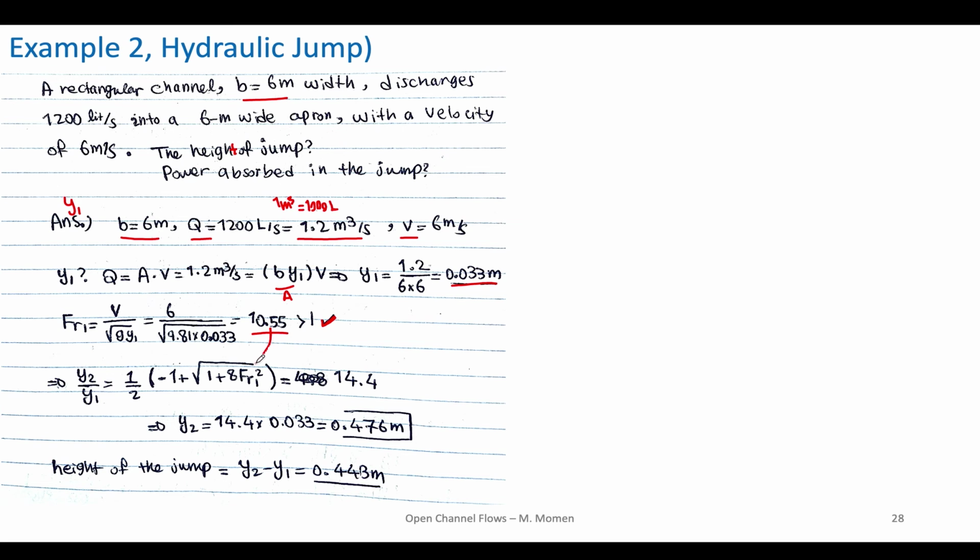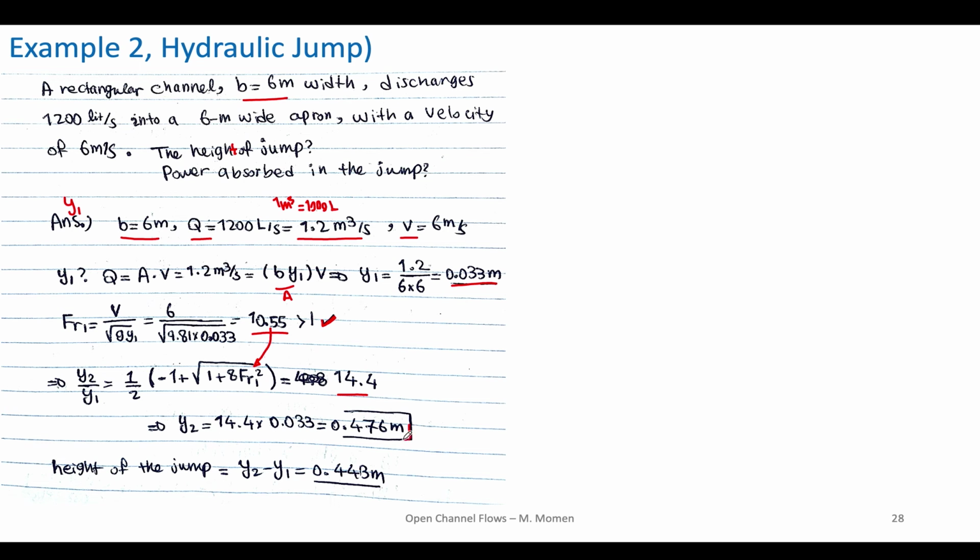So you just substitute 10.55 here, then calculate this expression, and you will get the ratio between Y2 and Y1 is 14.4. So Y2 is going to be 14.4 times Y1, which is 0.033 meter.